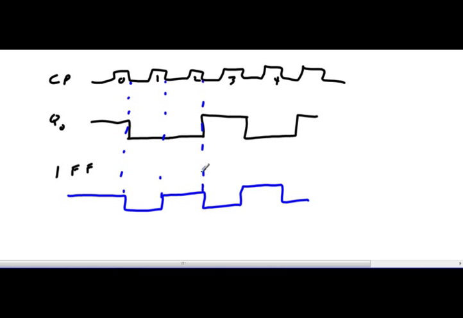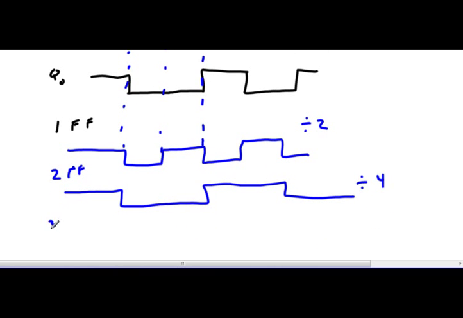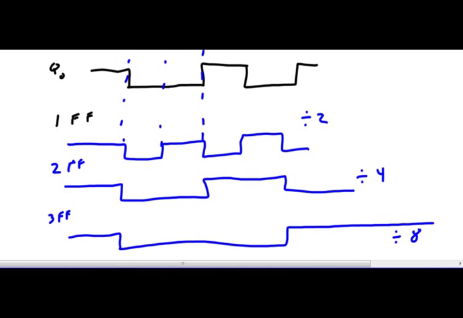So basically, one flip-flop, I'm dividing by 2. Okay, what if I have 2 flip-flops? Well, I could be high, then low, then high, then low, and that would basically be a divide by 4 of the clock. If I had 3 flip-flops, I could be high, low, and high again, and now I've got a divide by 8 going on.